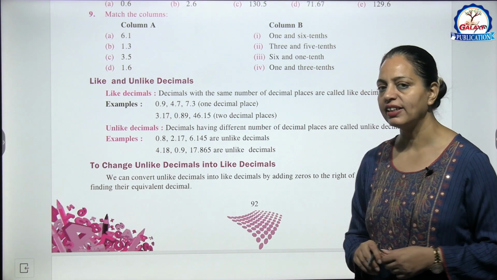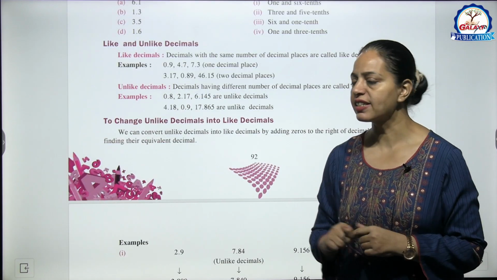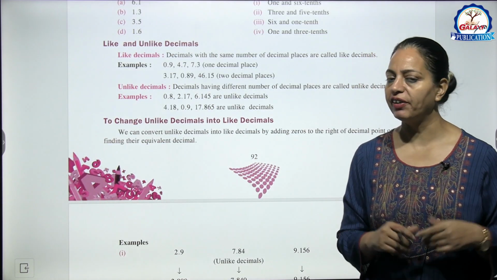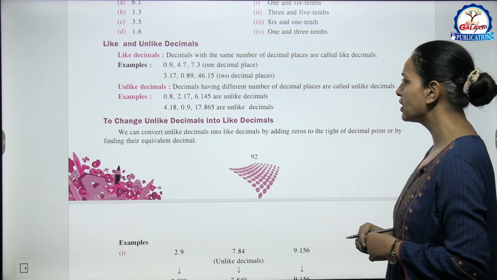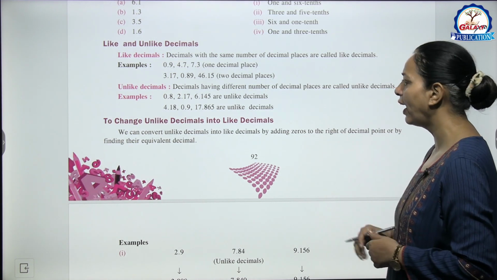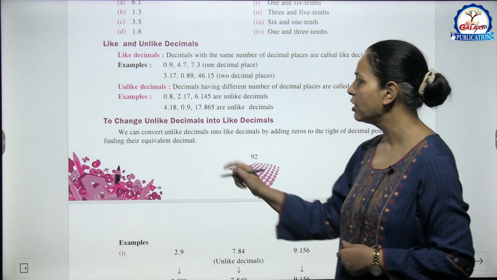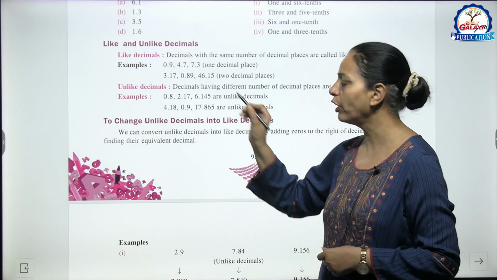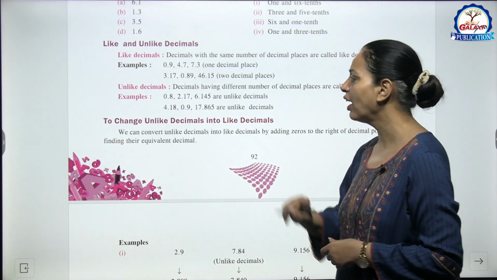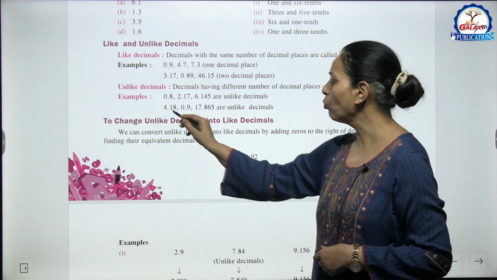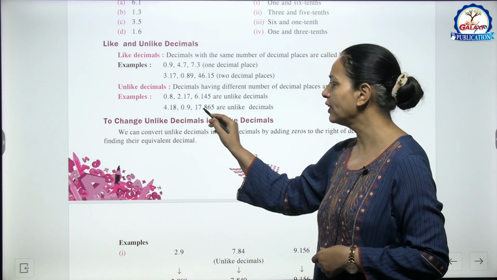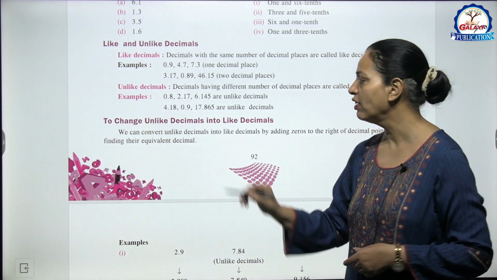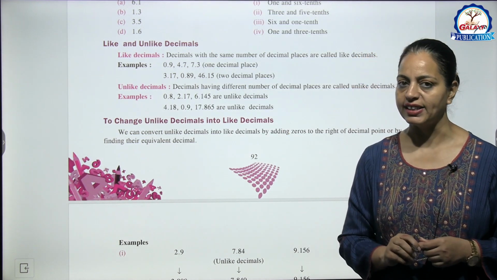These are like decimals. Now the next, unlike decimals. Decimals having different number of decimal places are called unlike decimals, like 0.8, 2.17, 6.145. These are unlike decimals. 4.18, 0.9, 17.865. These are unlike decimals.